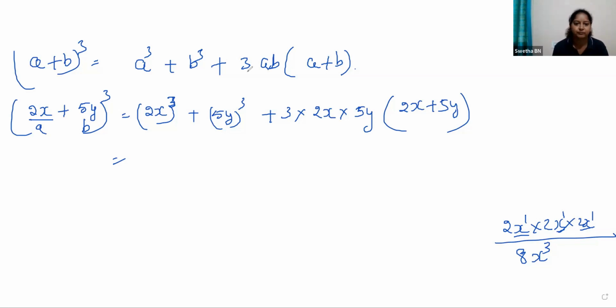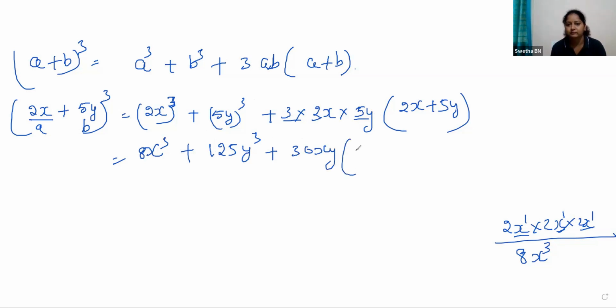It is 8x cube plus 5 to the power of 3. 5 5s are 25. 25 5s are 125 y cube plus 3 2s are 6. 6 5s are 30 xy, (2x plus 5y). Write as it is.